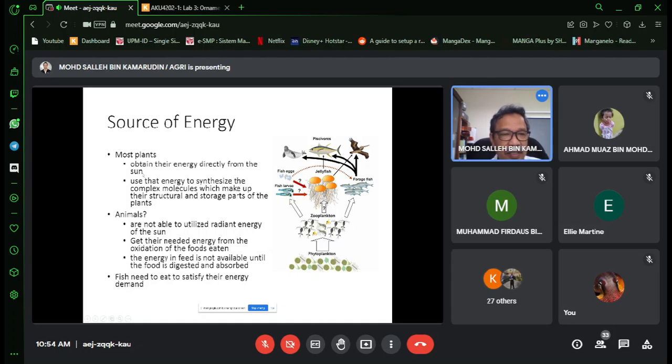Dari sun, ya. Kita sebagai manusia, most of our energy comes from the sun, directly or indirectly, ya. Sama ada from plant and also sebenarnya from animal, ya. Nanti saya terangkan kemudian.